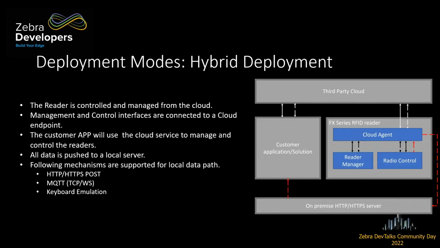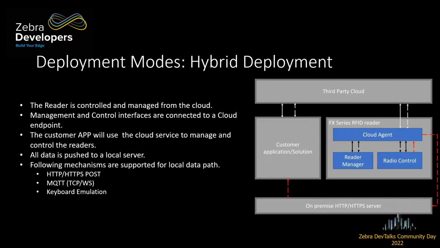That sort of scenario is possible in the hybrid deployment mode, where the management and control are connected to a cloud provider, be it GCP, AWS, IBM, or Azure. The customer application can control these readers from the cloud providers, but then data can be consumed directly or sent over to any other local interface.